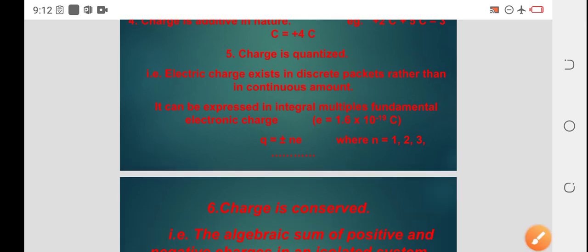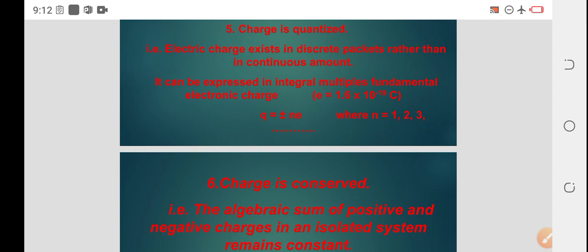It can be expressed in integral multiples of the fundamental electronic charge. That means Q equals plus or minus Ne, where N is 1, 2, 3 and so on. E is the charge of the electron, which is 1.6 into 10 to the power of minus 19 coulombs.